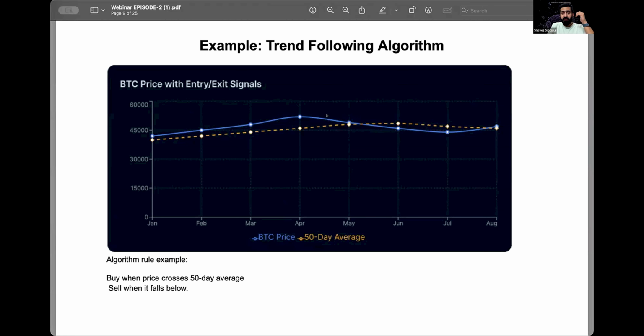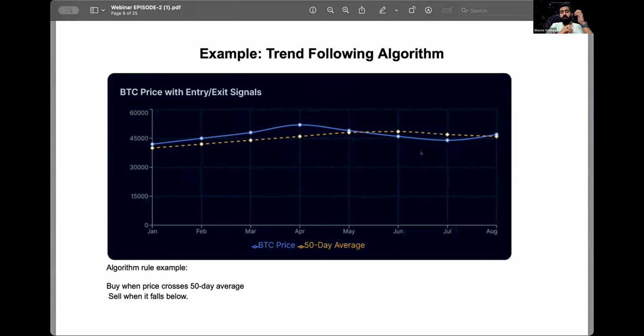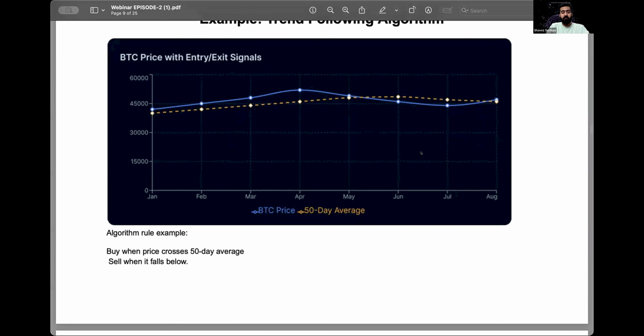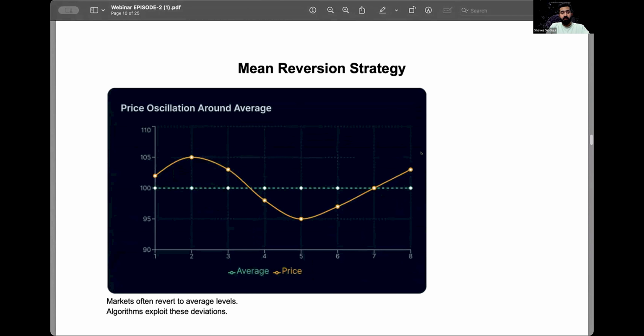In this trend, they might have lost on the BTC price, whereas professional traders might have entered in May and exited in June or July and made more profits than the retail traders. So this is where the basic line can be drawn as a contrast between professional traders and retail traders, and understanding of the trend following algorithms can be easily done.